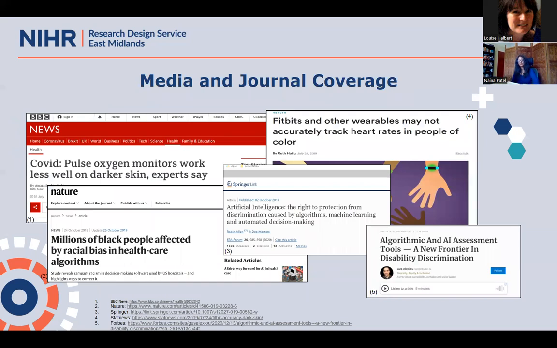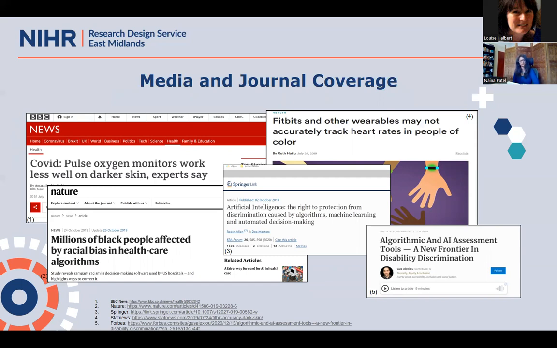The ramifications of a lack of embedding EDI and PPI in product development are illustrated in the headlines in this sample of media and academic journals. I don't have enough time to go through all of these, but let's look at the BBC headline, given the disproportionate impact of COVID in BAME communities.